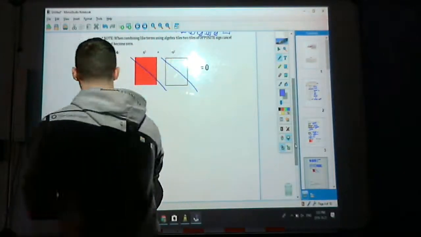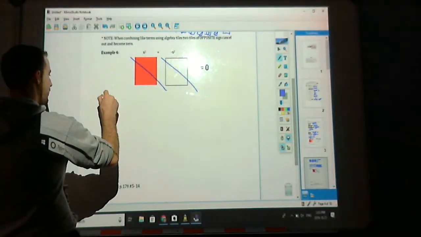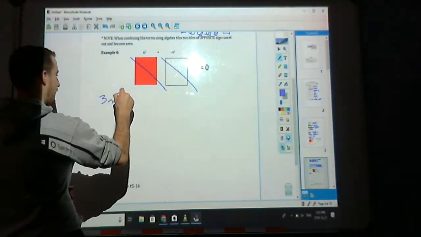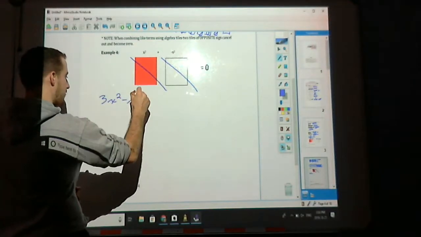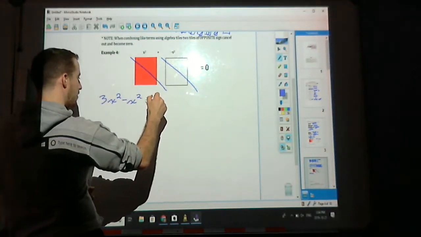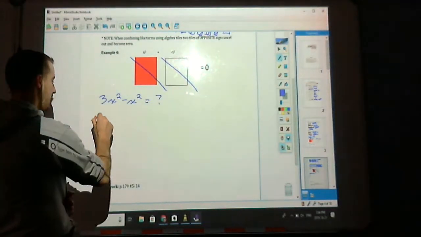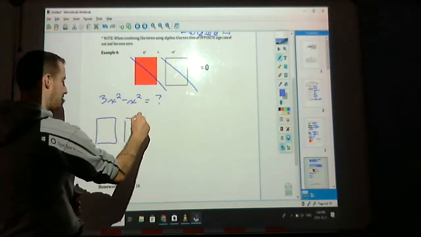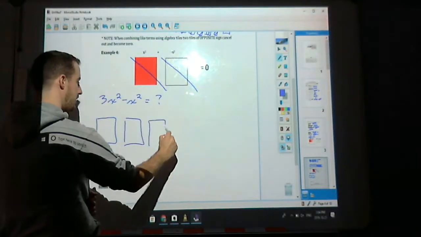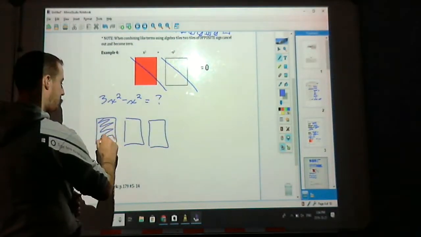Say we have 3x squared minus x squared equals... So we can draw this out. We have 3x squared, and they're colored in because they're positives.